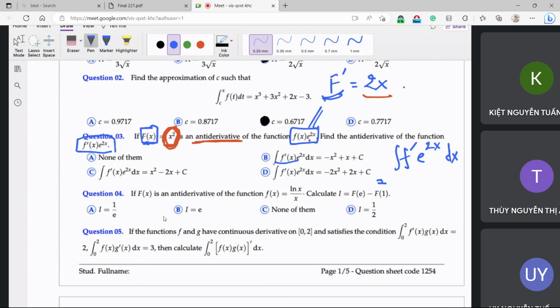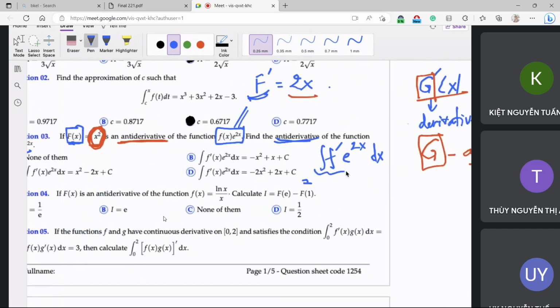Okay. And you found this function. Now we want to find the antiderivative of the function f prime times e to 2x. So we find the integral. The indefinite integral is the set of all antiderivatives.